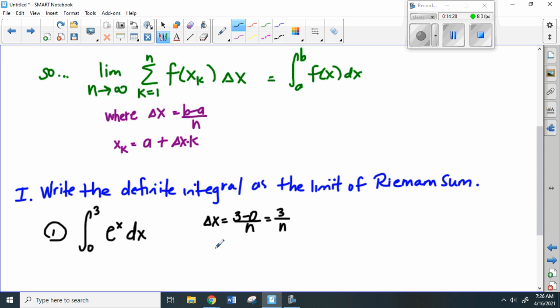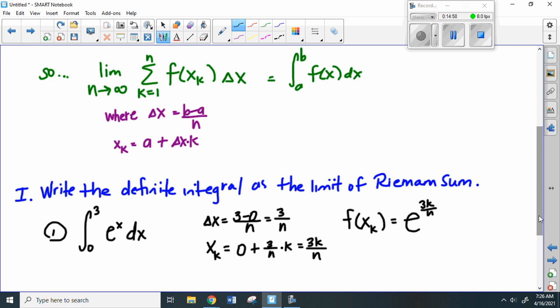Then I need to find x sub k, which tells me I'm going to take the a value, add delta x times k, and do any simplifying I possibly can. And then I'm going to plug x sub k into the f of x function. So it's going to become e raised to the 3k over n. Then I am ready.